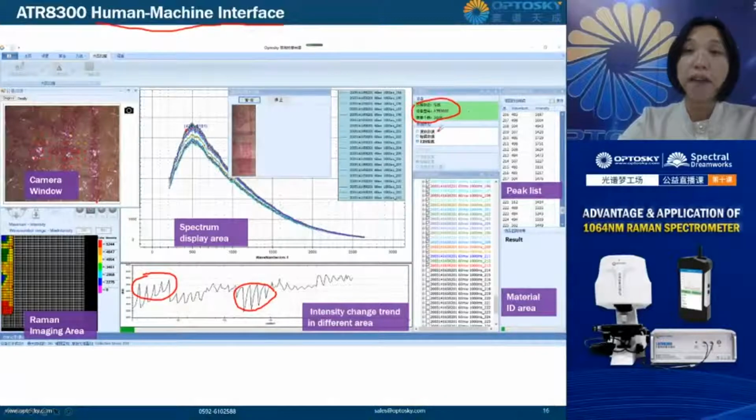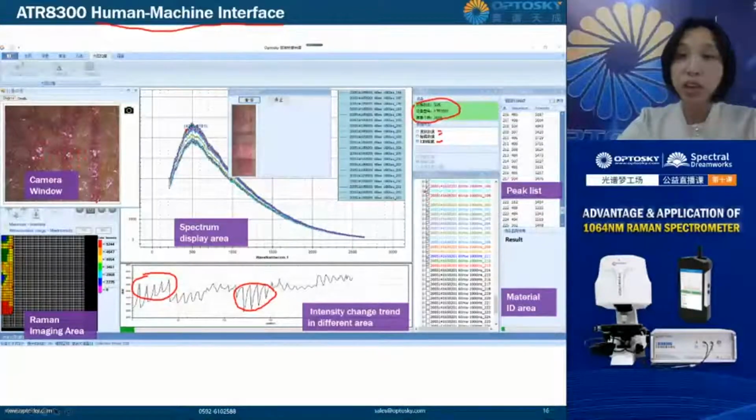And also, we have the data, raw data, and dark data, and also deduct the background data. You can click different spectrum, and you can see here is the peak, show different peak point.